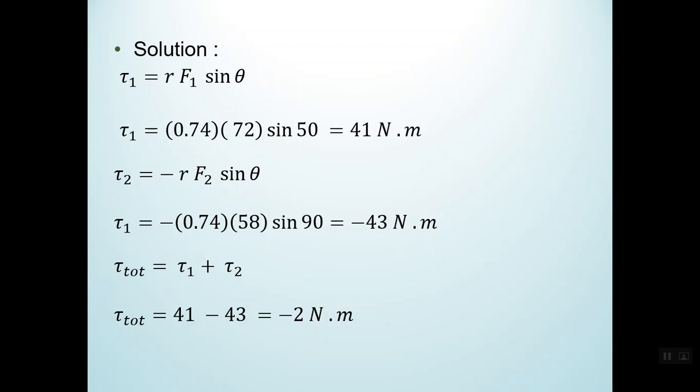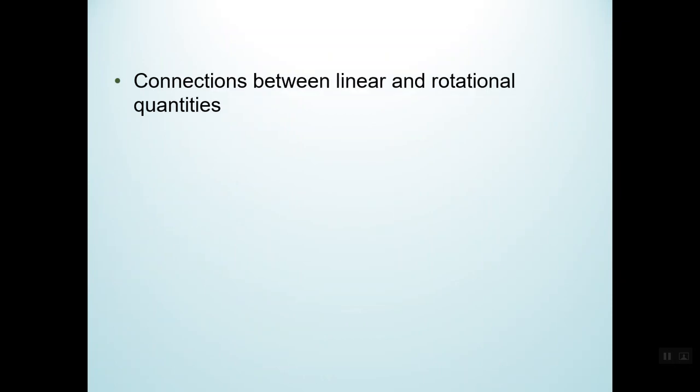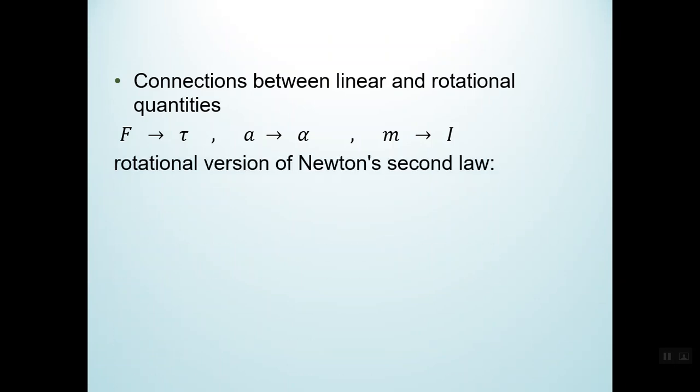Now we need to make a connection between linear and rotational quantities. When we are replacing the force with a torque, we need to replace F with tau, the linear acceleration a with the angular acceleration alpha, and mass m with the moment of inertia I. We obtain the rotational version of Newton's second law as the summation of the torques is equal to I times alpha, and its unit is Newton meter.